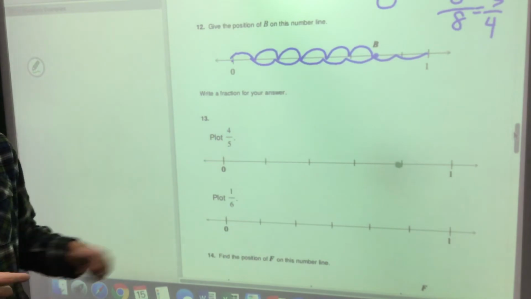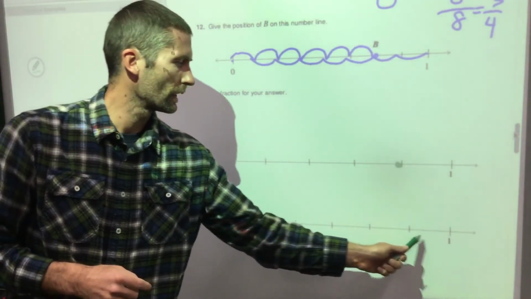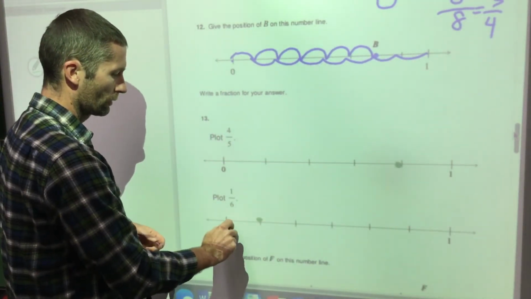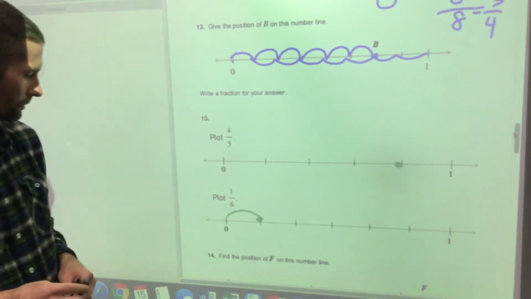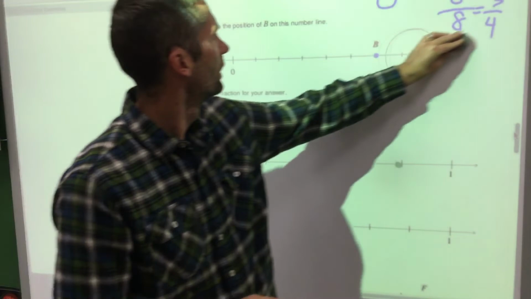Next, plot 1/6. So I want to make sure there's 6 spaces. 1, 2, 3, 4, 5, 6. I want to go over 1/6 of those. I'm just going over 1 out of 6. 14, find the position of F on the number line.